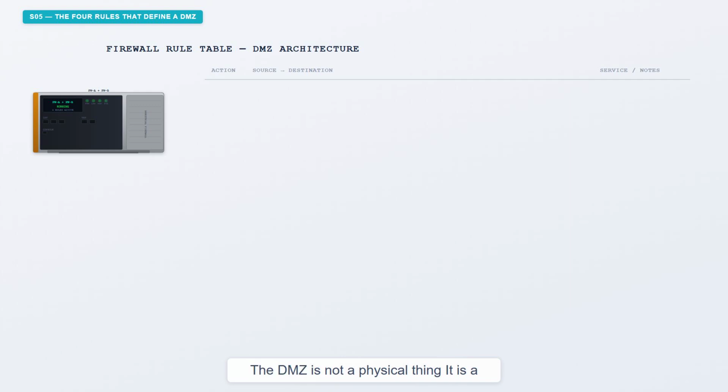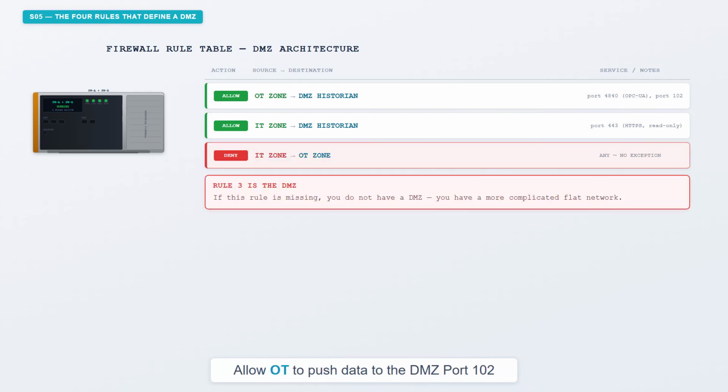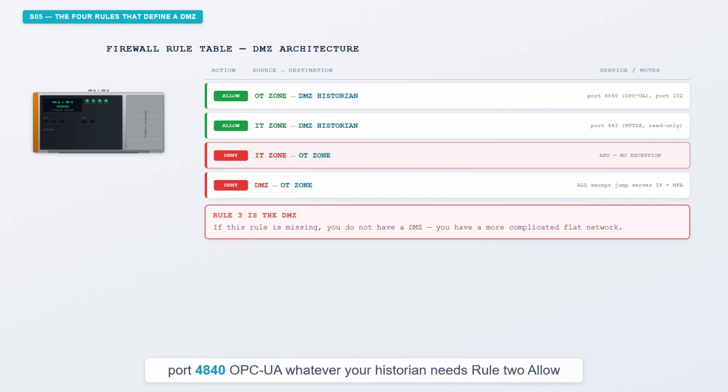The DMZ is not a physical thing. It is a set of rules. These four rules define it. Rule 1. Allow OT to push data to the DMZ. Port 102, port 4840, OPC UA, whatever your historian needs. Rule 2. Allow IT to read from the DMZ. HTTPS on port 443, read-only.